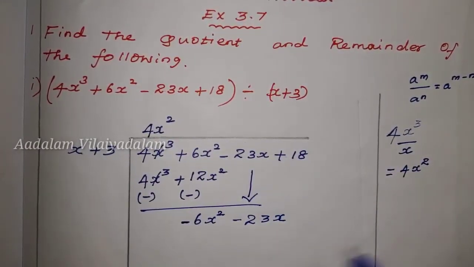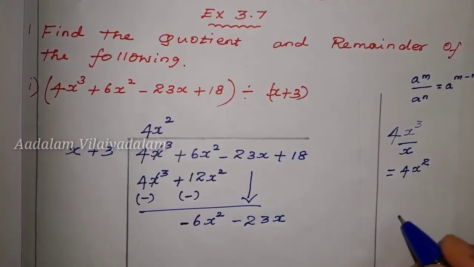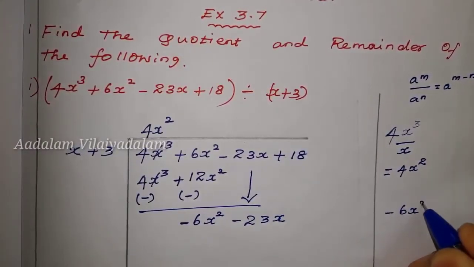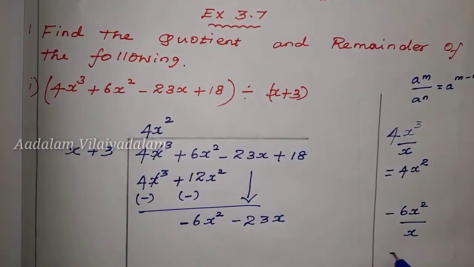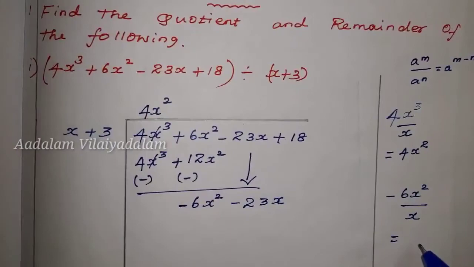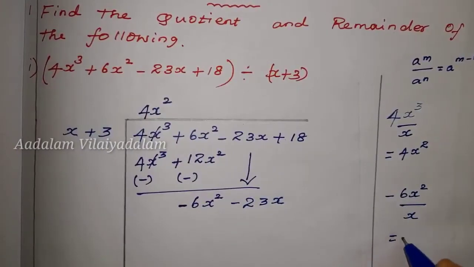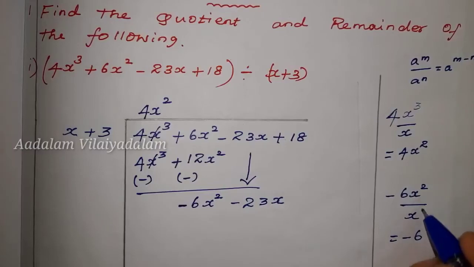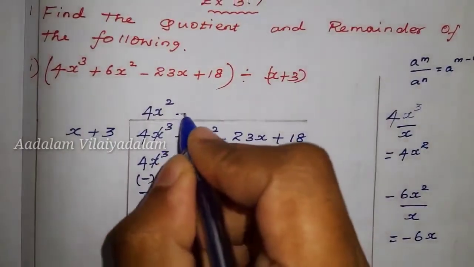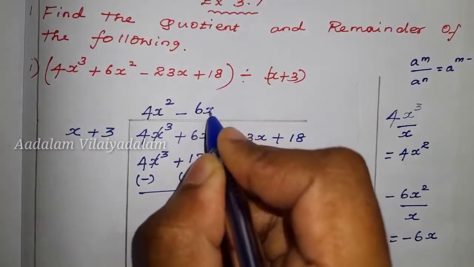So again here the first term, minus 6x square divided by x. So the answer is minus 6 divided by 1, minus 6. So variable x power 2, here x power 1, that is 2 minus 1, that is x. The next quotient term is minus 6x.